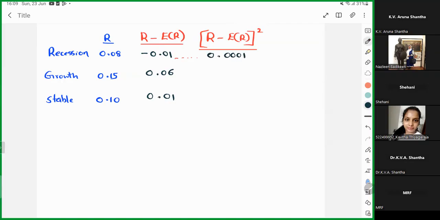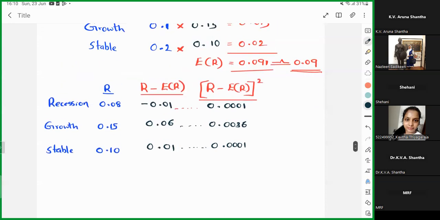Have you got it? Then 0.06 to the power 2. How much? 0.0036. Then 0.001. Have you got the answers? Yes. Right. That is the second step.